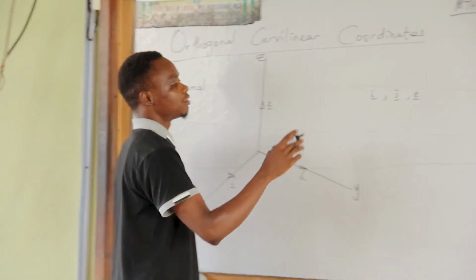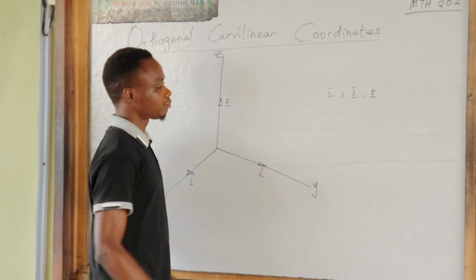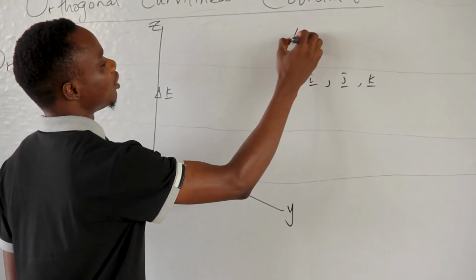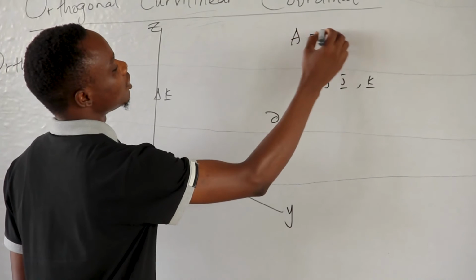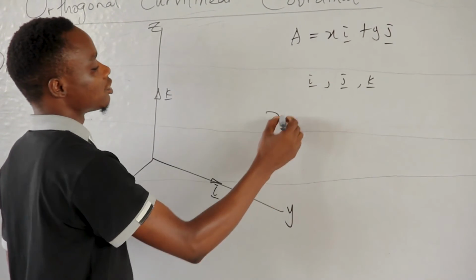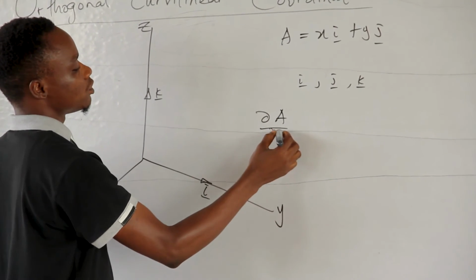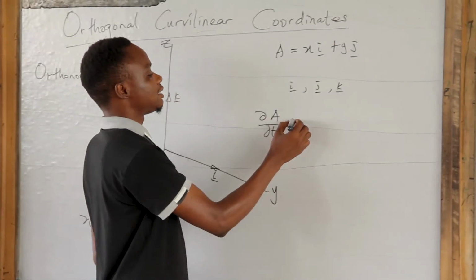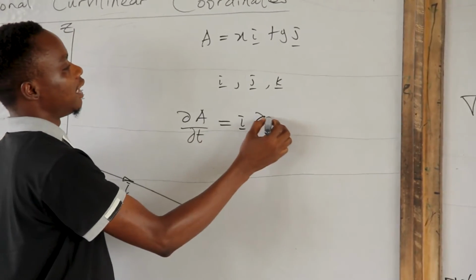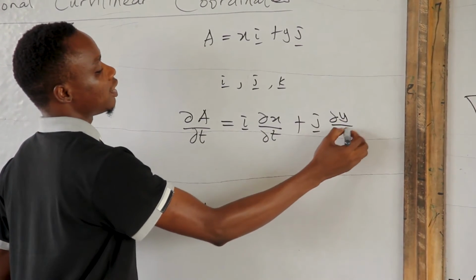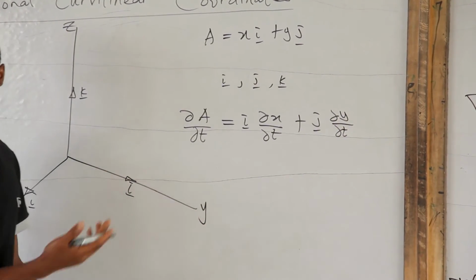So if I want to differentiate a vector, let's say A equal to x i plus y j, and I want the derivative of A with respect to the variable t, I will say this is i dx/dt plus j dy/dt. Am I making sense?